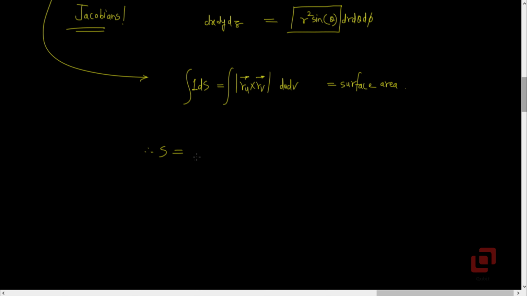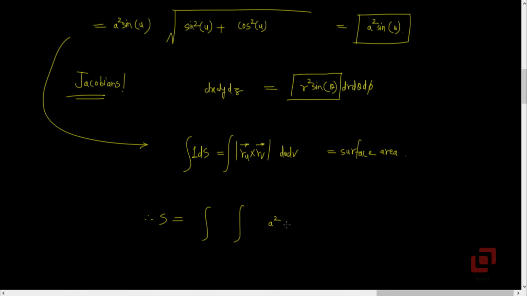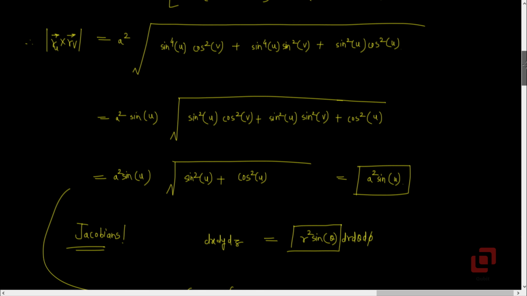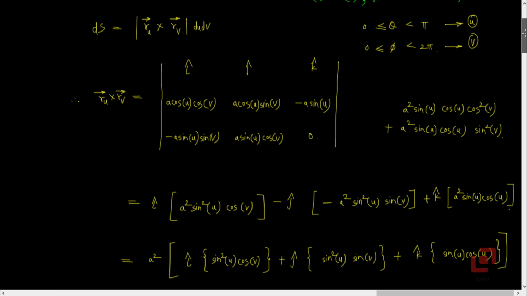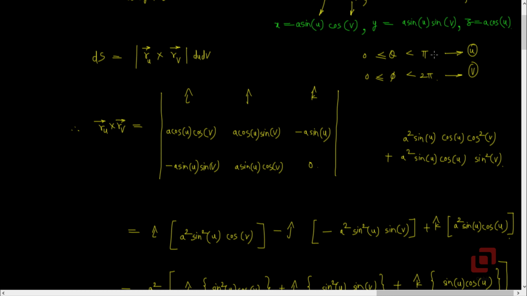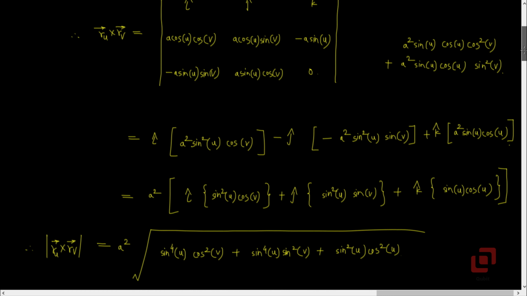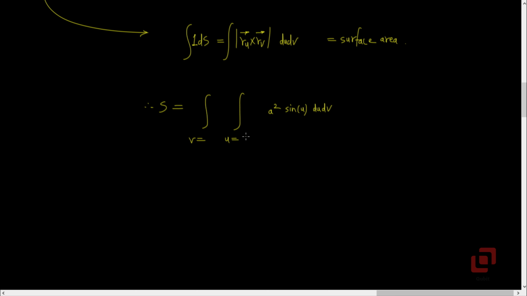S, let it be the surface area, a squared sin u du dv. Let us now write down the limits on u and v, which are 0 to pi and 0 to 2 pi respectively.